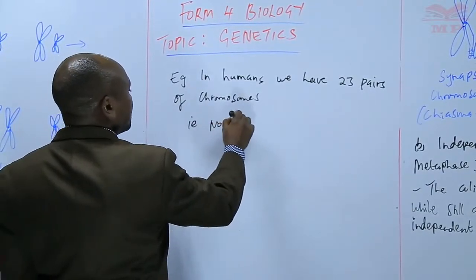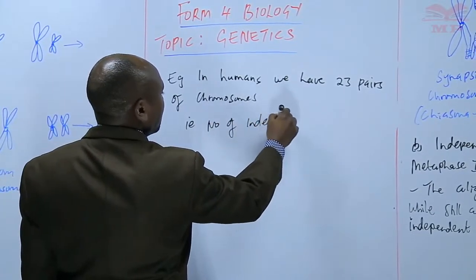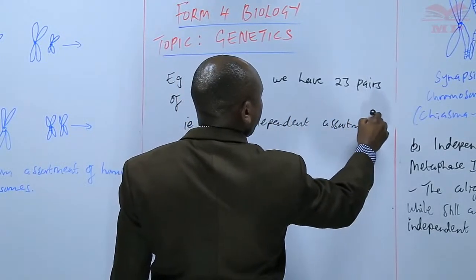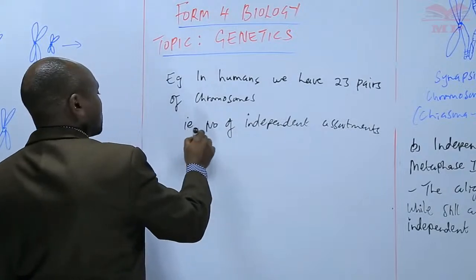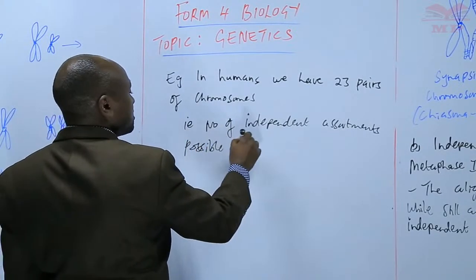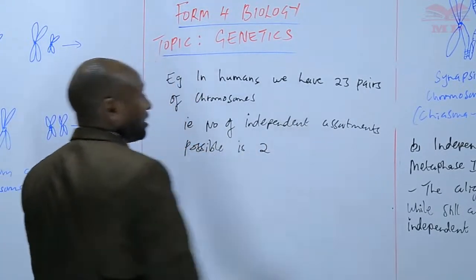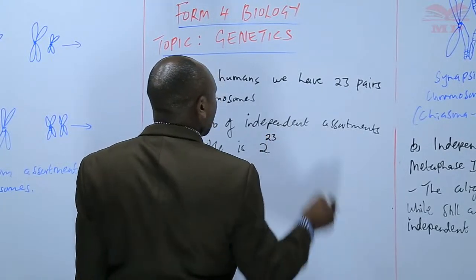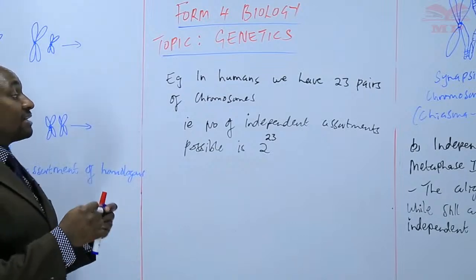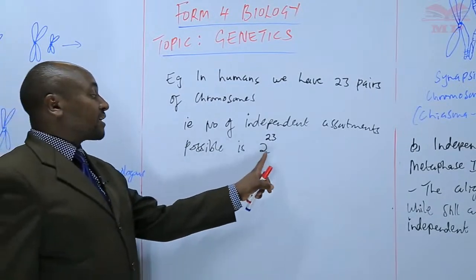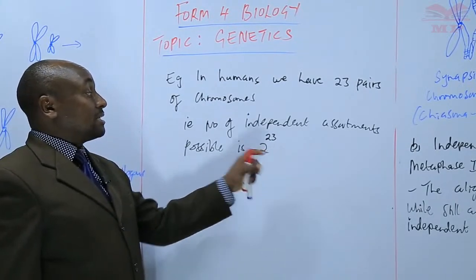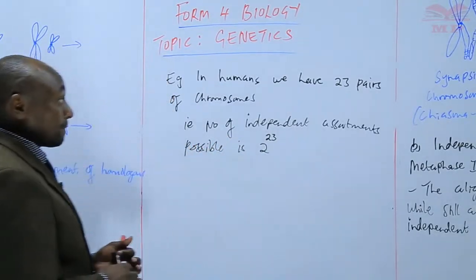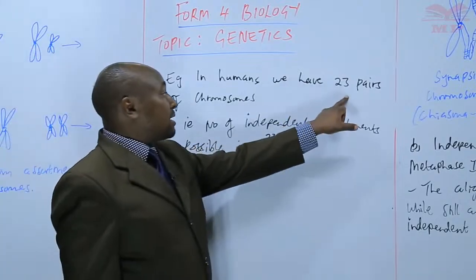number of independent assortments possible is 2, because we have paired chromosomes, raised to power 23. Those are the number of times we can have different assortments in our chromosomes during metaphase 1, because we are saying that in humans we have 23 pairs.